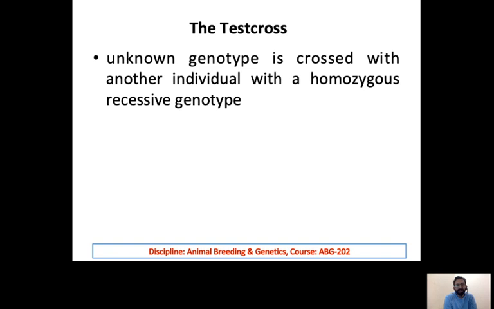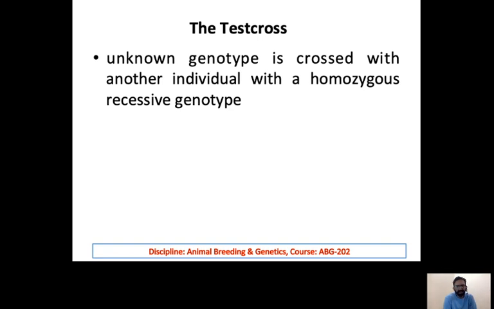So we don't know whether that phenotype is because both of the alleles are dominant or whether one of them is recessive. And to work that out, we need to establish the test cross, in which we cross that individual which is to be tested for heterozygosity against the known homozygous recessive genotype.